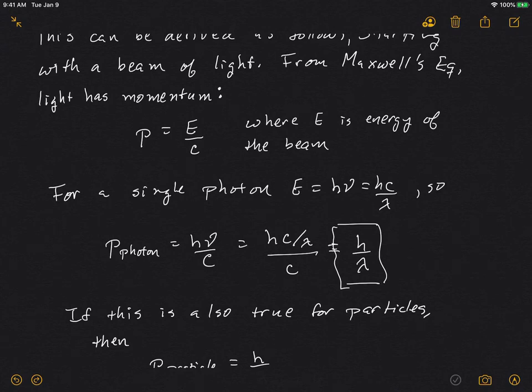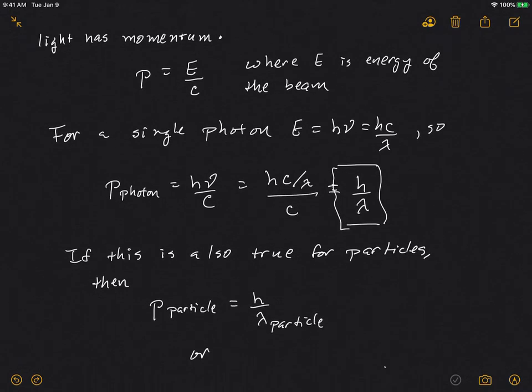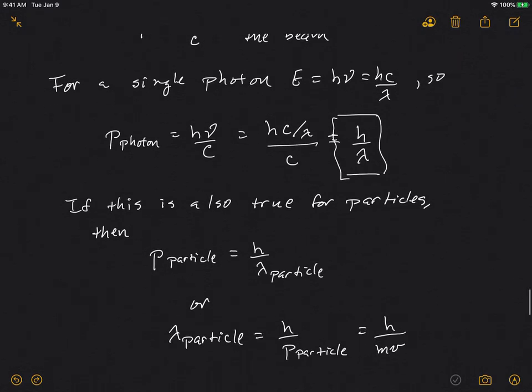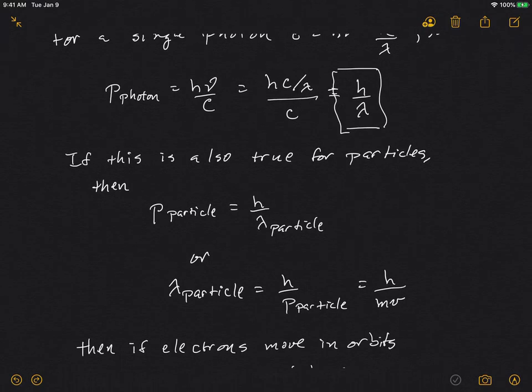So de Broglie's hypothesis was that if this is true for a photon, it may also be true for particles. And so if we have a particle traveling at some velocity, it has some momentum mv, then the momentum of our particle is equal to h over lambda of the particle, or we can rearrange and state that the wavelength, lambda, of our particle is equal to h divided by momentum, or h over mass times velocity.